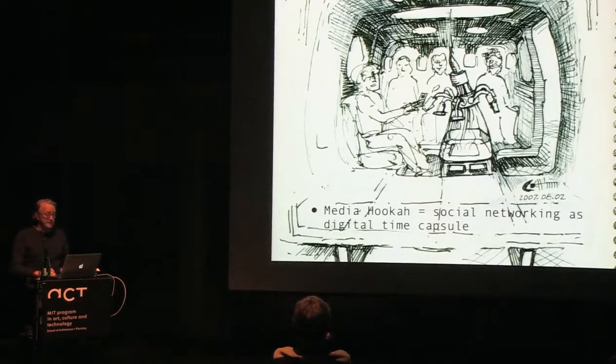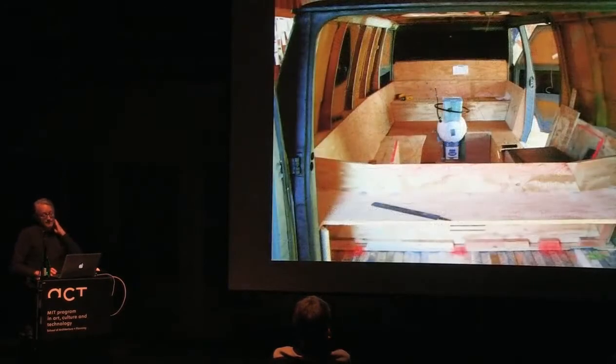That would be the idea. The second key point is that it should probably be a post-internal combustion van. Any kind of traveling that's going to be done in this media van is going to be done over the internet and not as a physical experience.